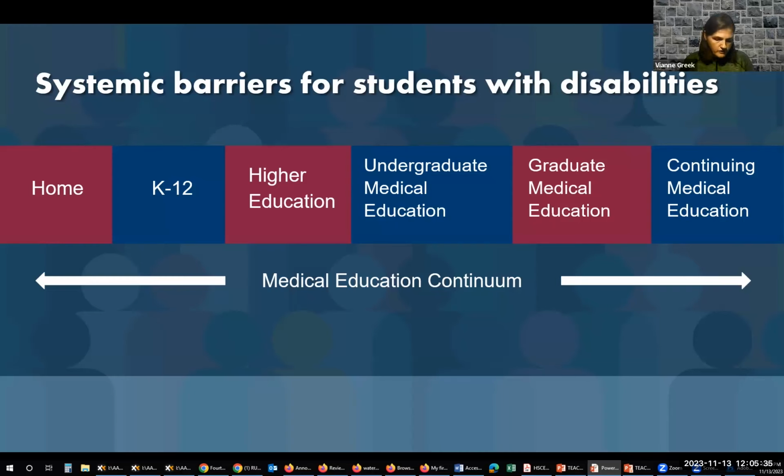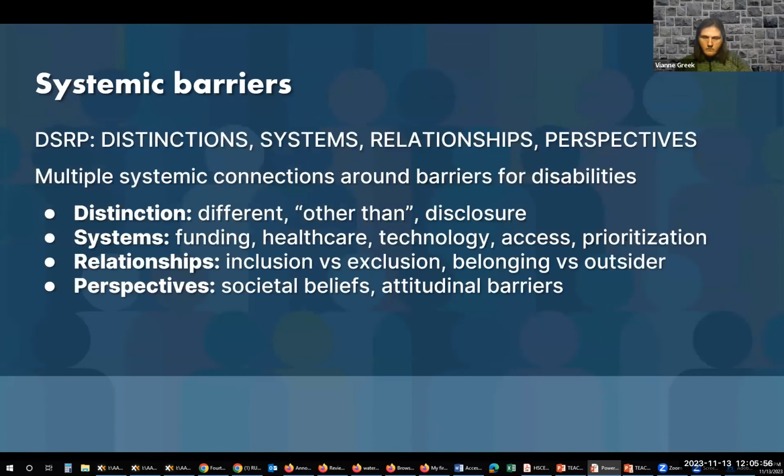If the K through 12 situation isn't set up for specialized education, then we're going to have some barriers there. Access to college, physical and digital accessibility access there. Getting into medical school, there's all kinds of barriers there, and that carries all the way through graduate medical education and beyond. So let's first talk about what these systemic barriers could be. And Cabrera et al.